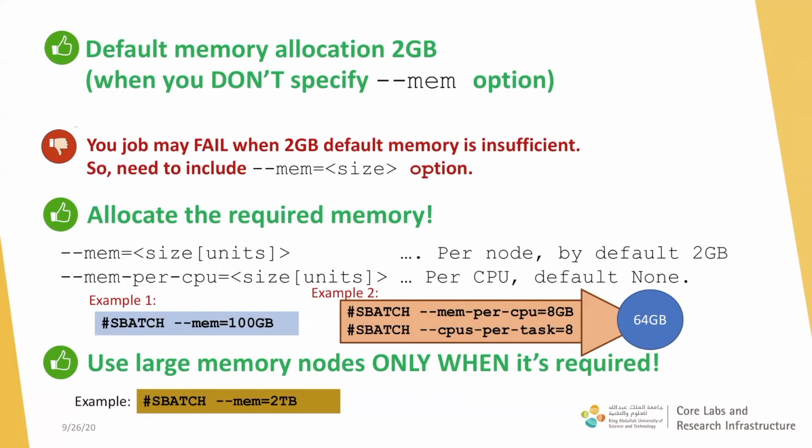The required memory can be allocated in two ways. One is per node allocation.